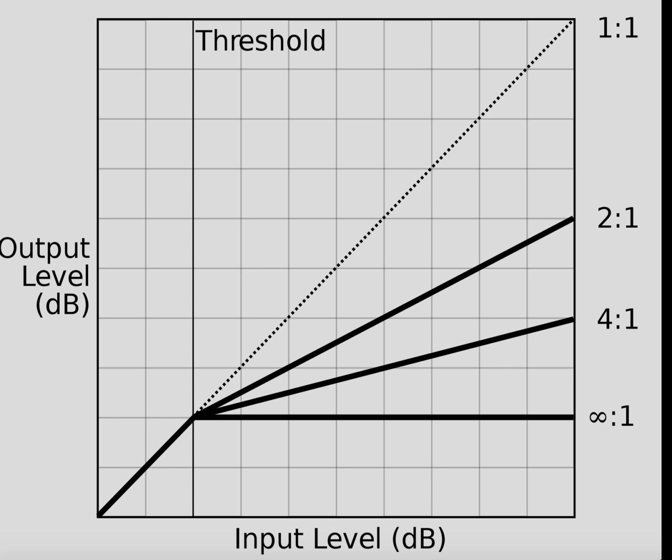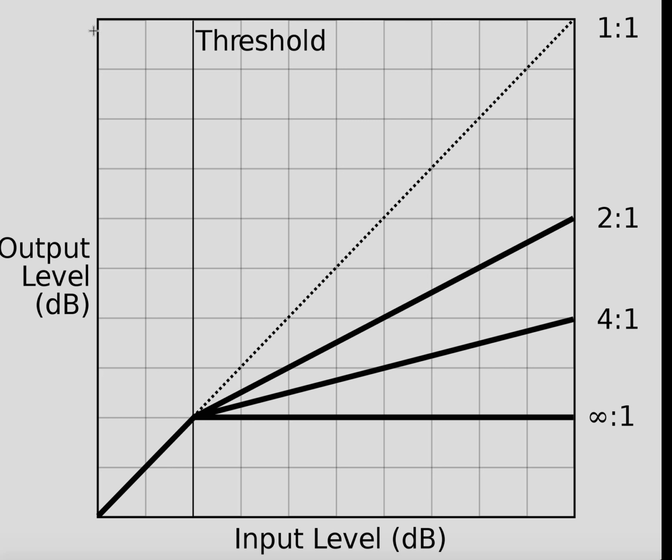You can see the graph on your screen now that is showing you quadrant 1 of an XY axis, which is where we typically show a graphic of what a compression curve looks like. There's a few elements of the graph that you need to understand.